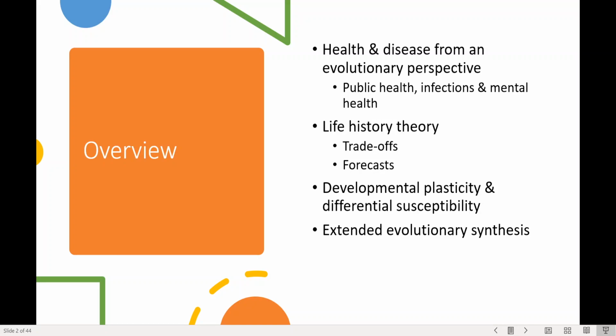And finally, we will round off with a return to the ideas of the extended evolutionary synthesis and how it can help us to make better sense of health issues, taking into consideration both genetic, cultural, and gene-culture co-evolutionary processes.